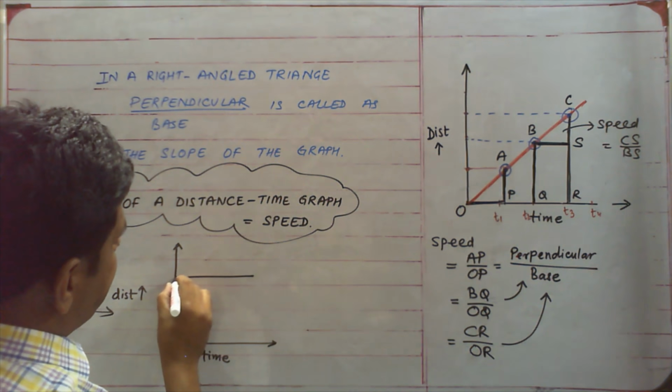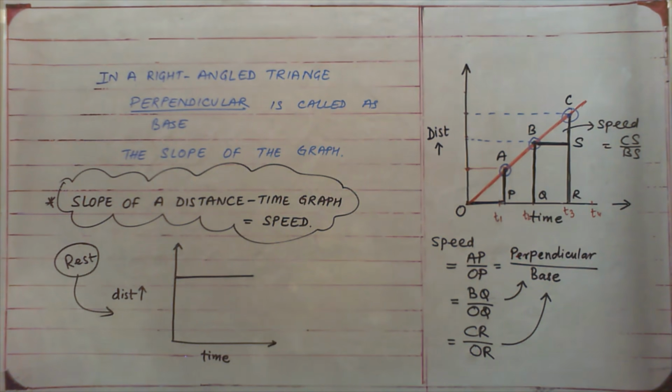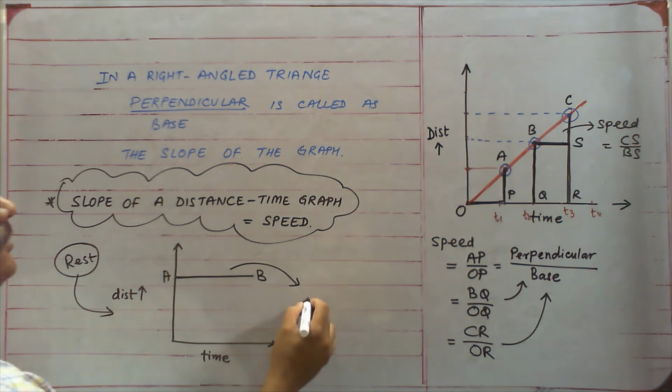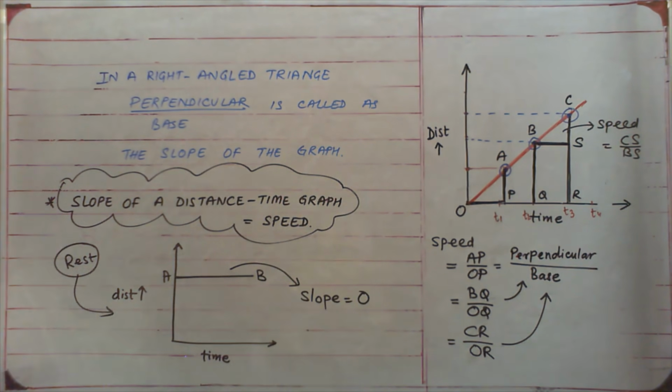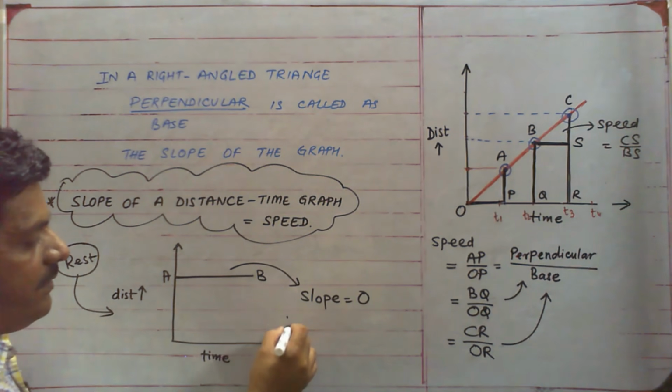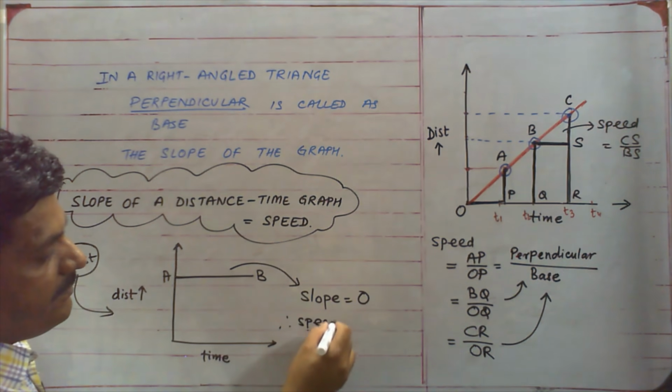The graph is a flat line this way. Now if you look at this line, let us say this is AB. AB has got no slope. So here in this case, slope is equal to 0. Therefore, speed is equal to 0.